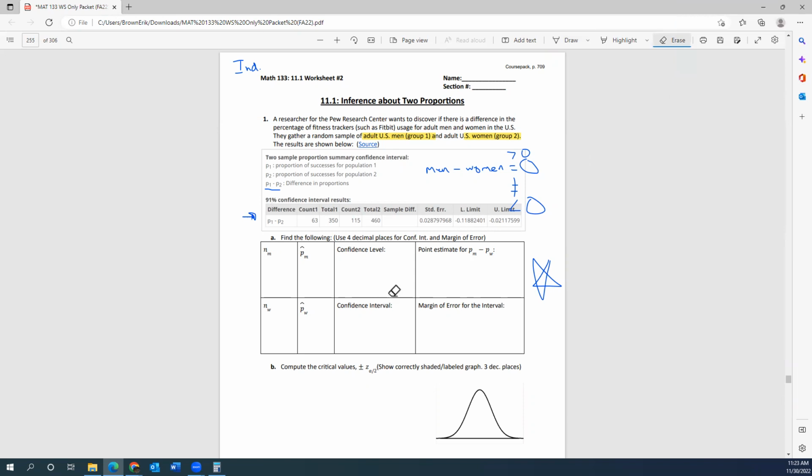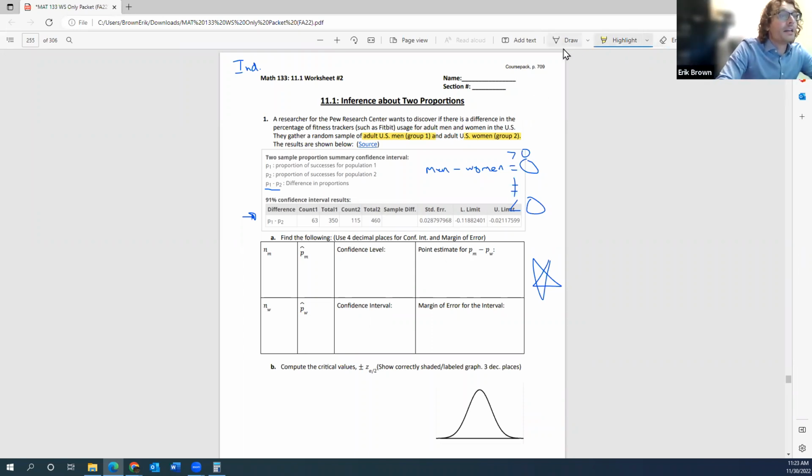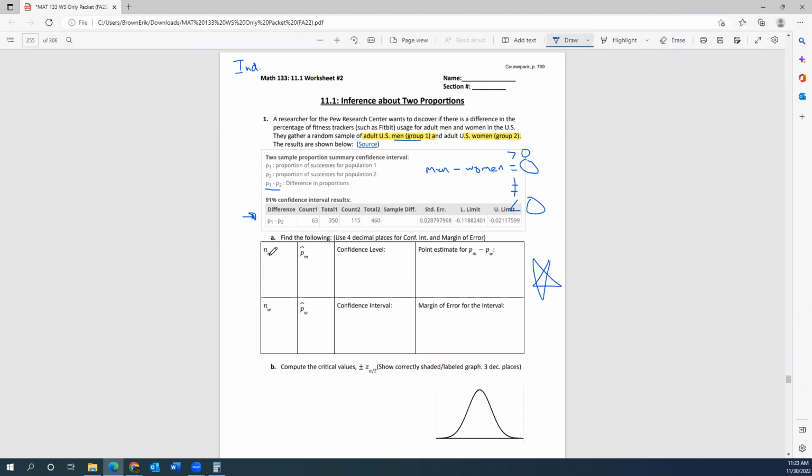Is that like the 1 and 2? What would you guess M would reference? Probably 1. And what would W be? Good, 2. I like that better, right? So men is group 1. Oh, duh. Okay. No, once you see it, you see it. That was what was in the head of whoever wrote this worksheet for us.